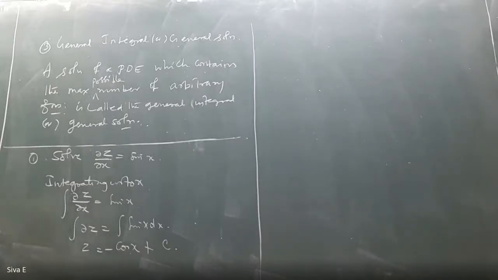If you differentiate it with respect to x, you will get the same answer. So when will you get the same answer here? If you go the reverse way, that means differentiation.